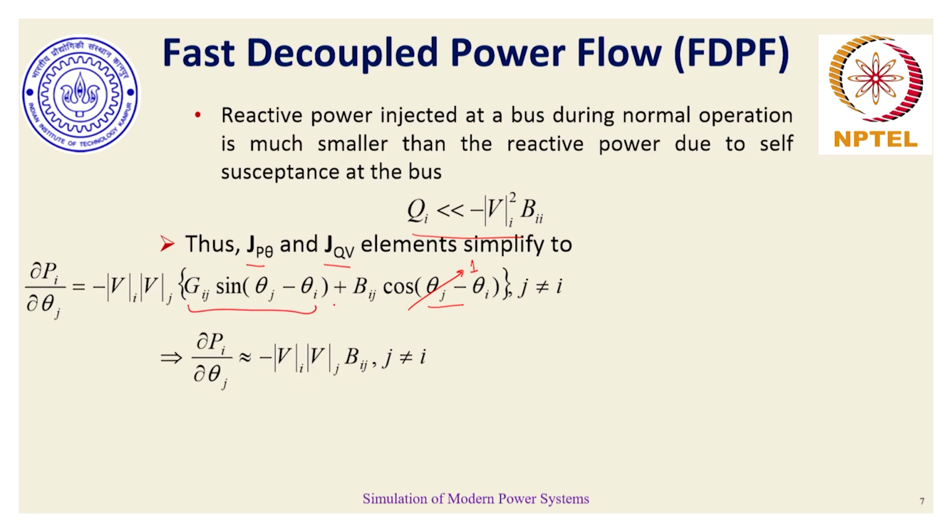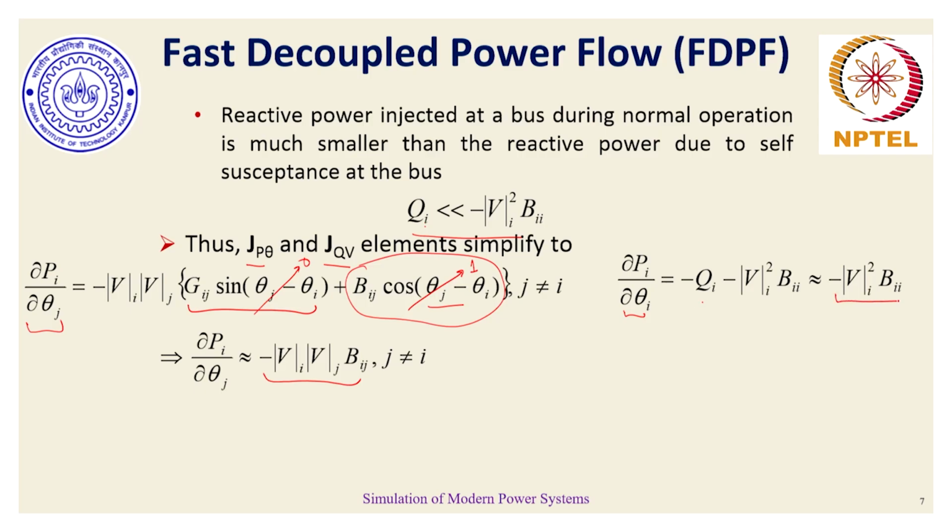G_ij sin theta_ij, based on this fact, is much, much smaller than the term present in this encircled part. So, this can be made 0, and hence the off-diagonal term of J_P-theta can be written simply like this. Similarly, we can have the diagonal term of J_P-theta, since Q_i is very, very small.